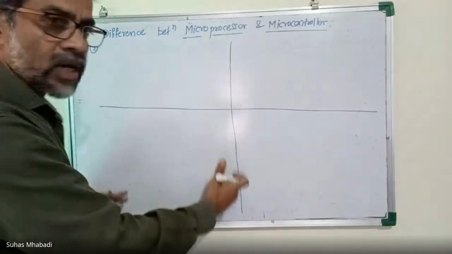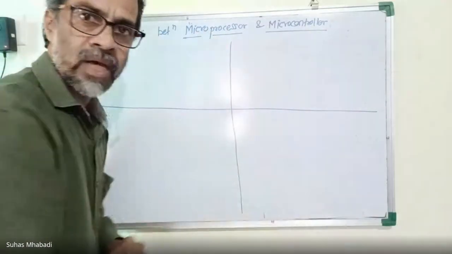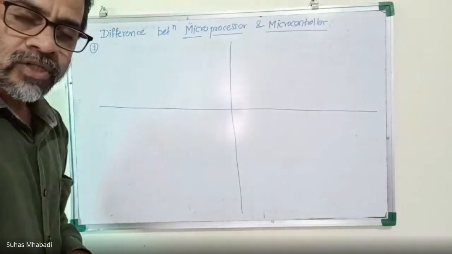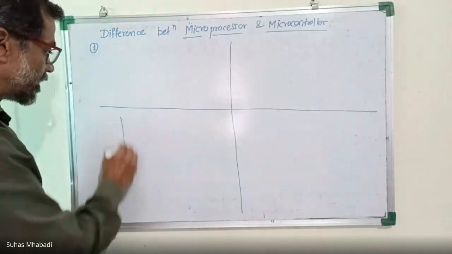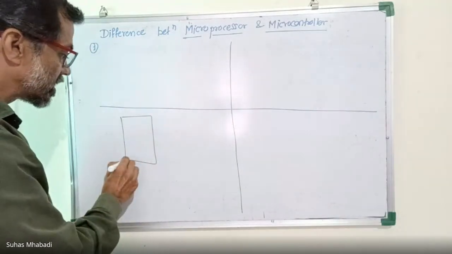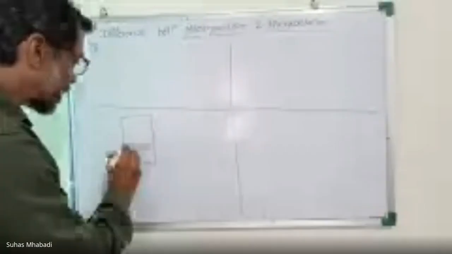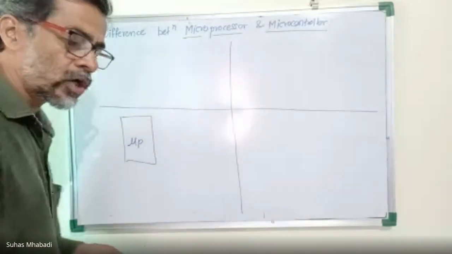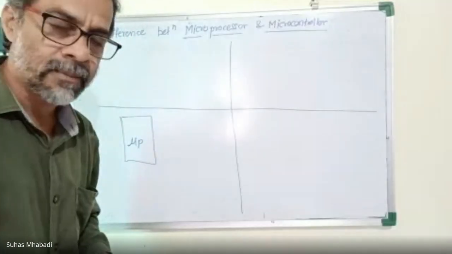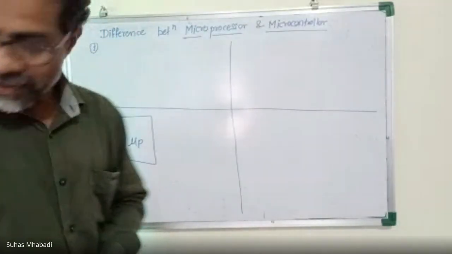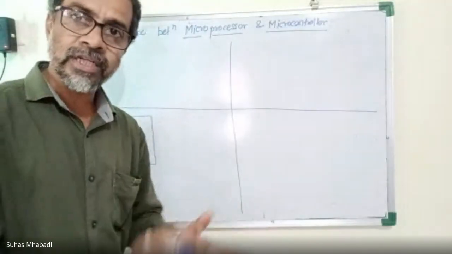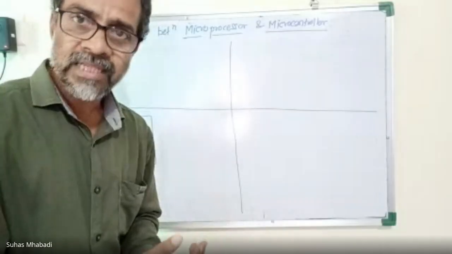This section is for microprocessor. This section is for microcontroller. In microprocessor, we said that there was a single chip IC, integrated circuit, which is called a microprocessor. In short, it is called MUP or MP. This device will work in association with all the other ICs.